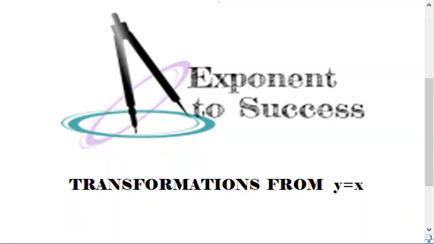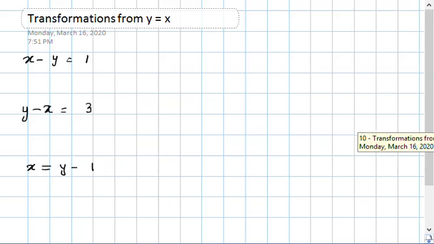So let us jump right into the video. I've taken three examples for you. One equation is x minus y is equal to 1. The second equation is y minus x is equal to 3, and the third equation is x is equal to y minus 1.